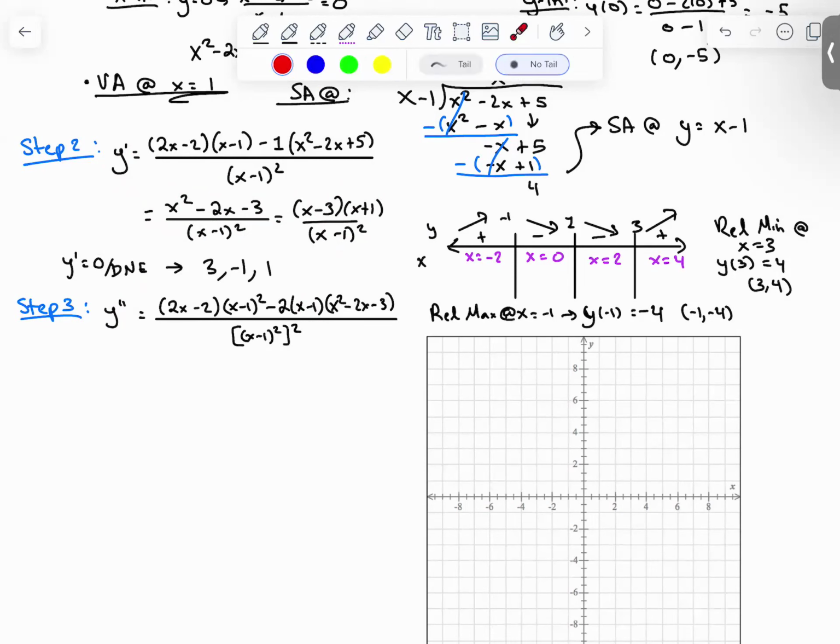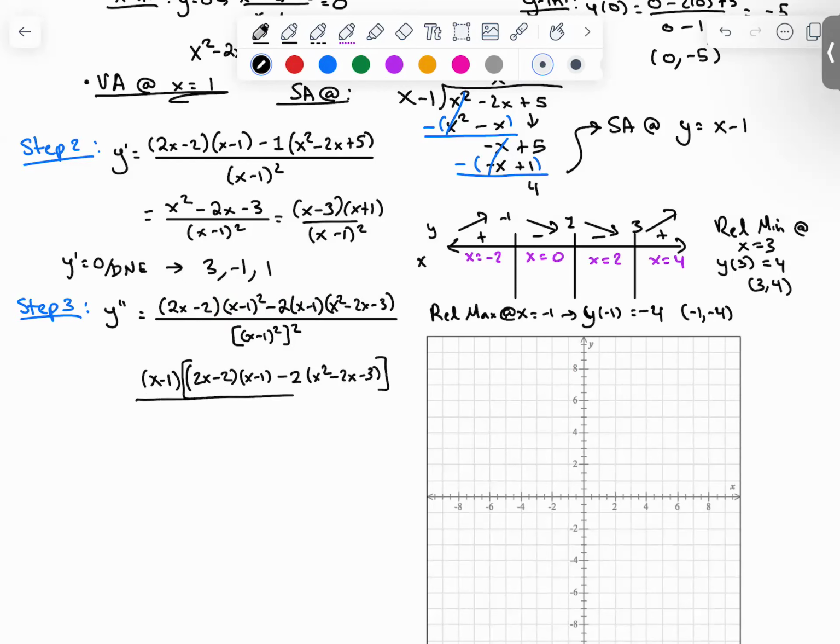And I'll do one step of the simplification just to show you that nifty little trick. There's a common factor of x minus 1 present, so I'm going to factor that out from the get-go. So I get 2x minus 2 times x minus 1 for the first term, then minus 2 times x squared minus 2x minus 3 for the second term, all divided by x minus 1 to the fourth power, because it's going to be 2 raised to the 2. That's 2 times 2, that's to the fourth power.